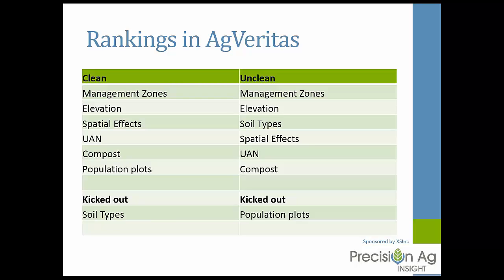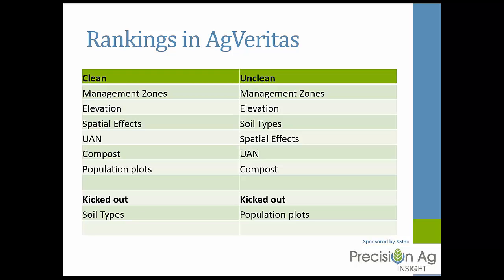Yeah, and then this next slide shows the rankings of those different data layers or variables that you had on the field and how strongly related they were to the yield, or contributing to the variation that you saw in the yield from that year. This is from when we ran those two, clean and unclean, through AgVeritas.